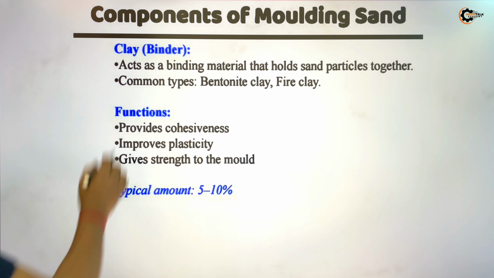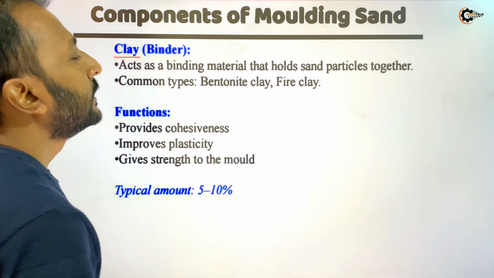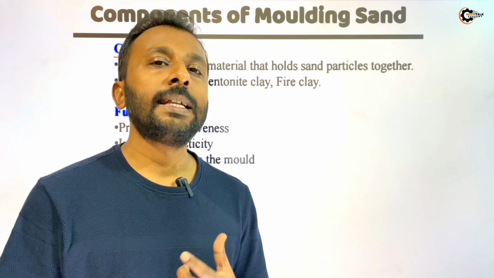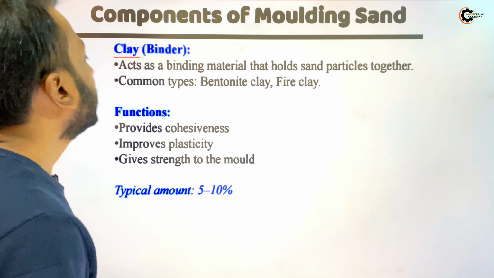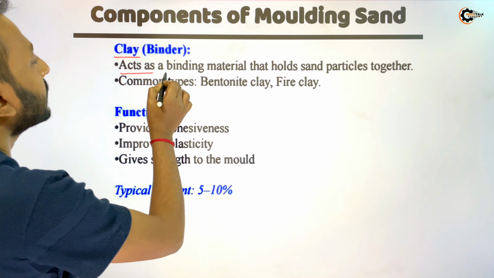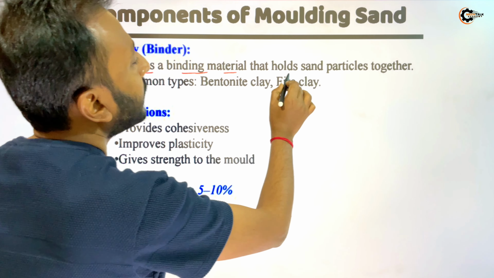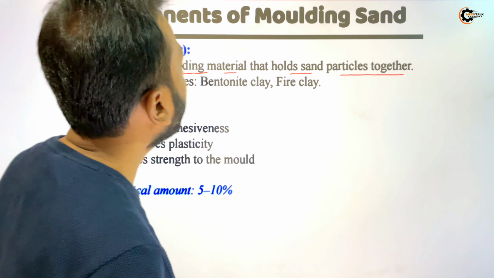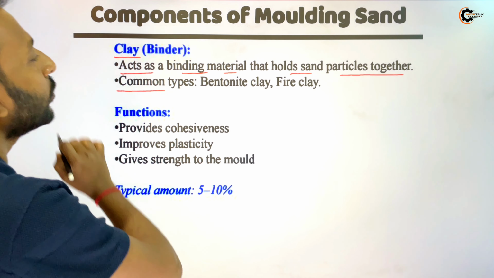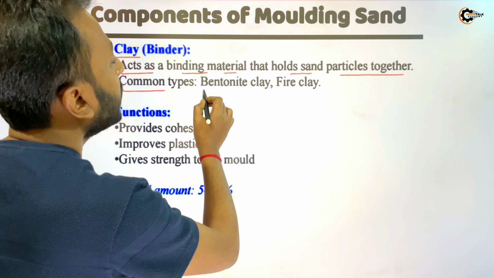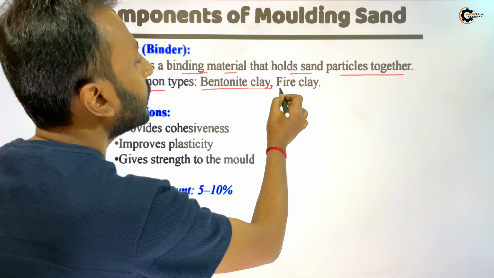After that, the clay. Clay is the second component of the molding sand. It acts as a binder, a binding material that holds sand particles together. Common types of clay are bentonite clay and fire clay.